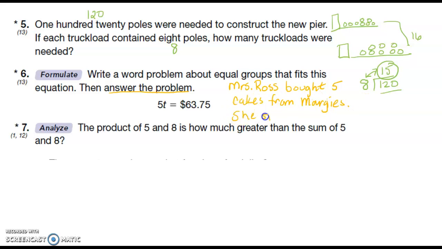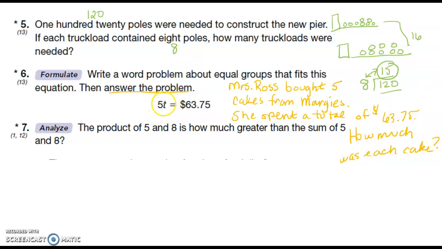She spent a total of $63.75. How much was each cake?